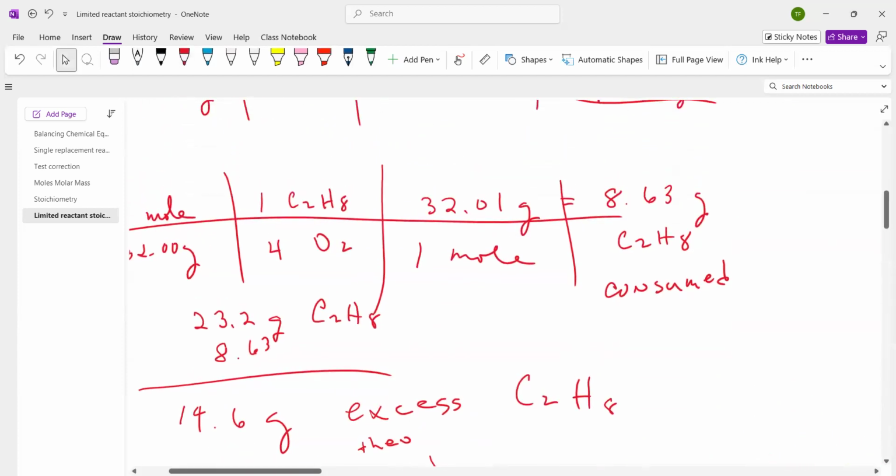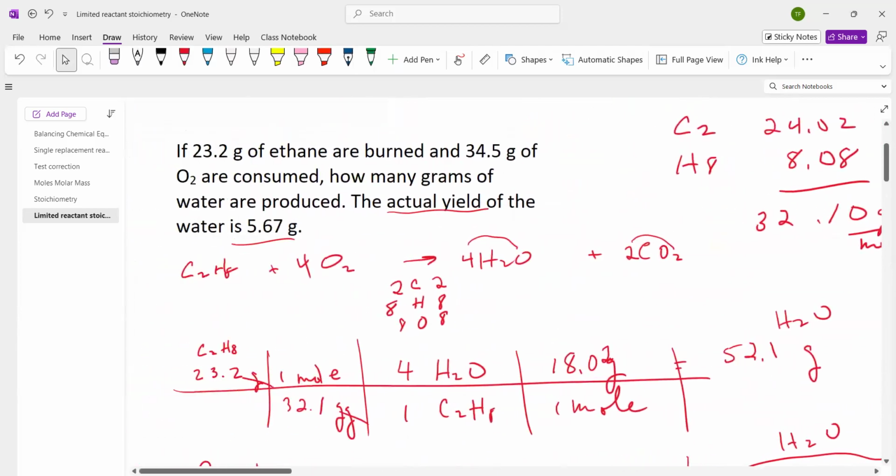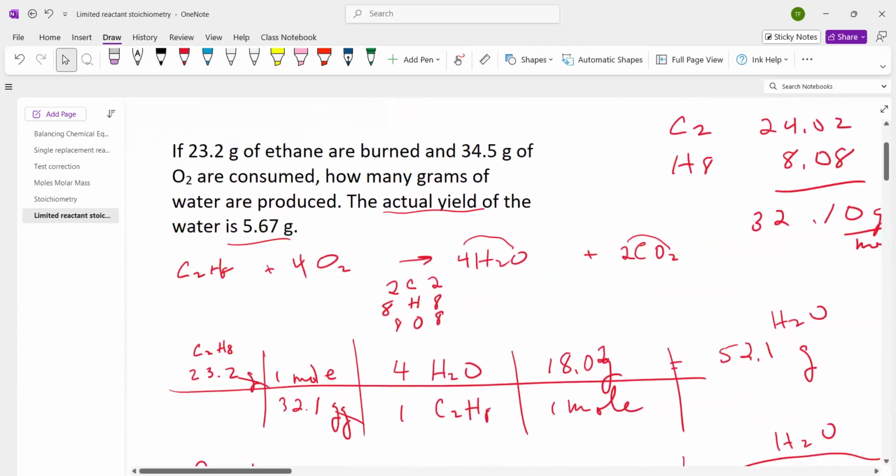And let me go through one other thing here. Okay, so let's go back to the balanced equation. You start with two items, right? Ethane and oxygen gas. Which is totally consumed? The oxygen or the ethane? The oxygen.